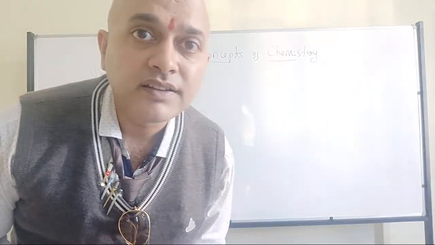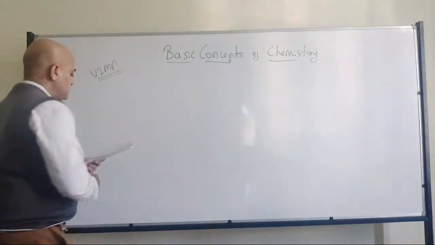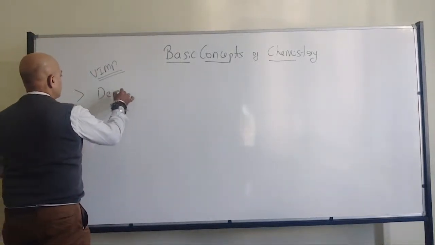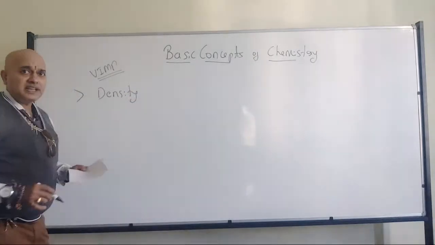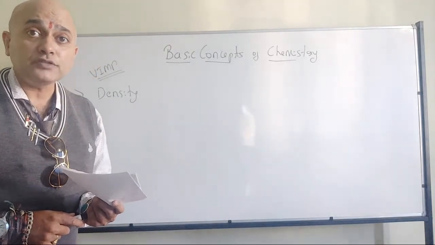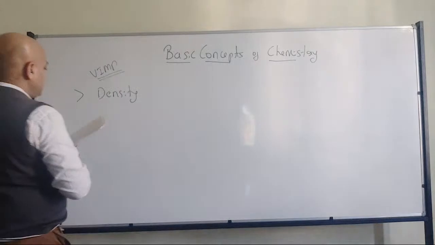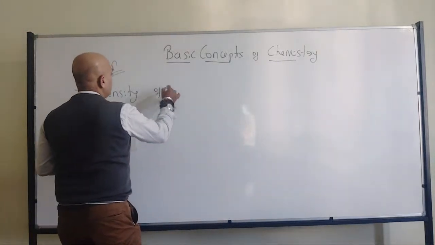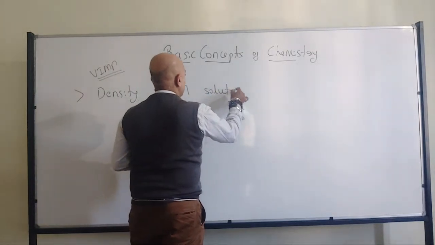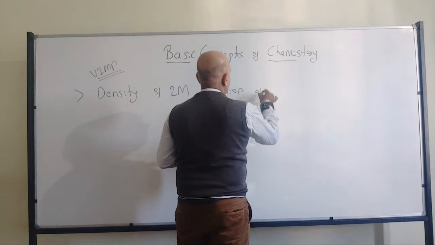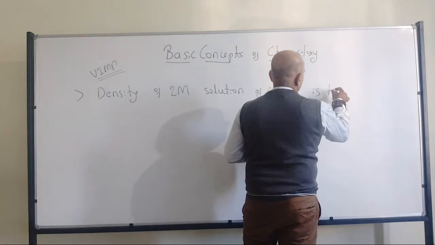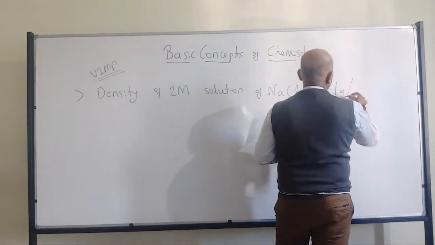Okay, so next, you can write it down. We have discussed density, right? And I told you that this information might be required to solve some of the problems. See here. The density of a 2 molar solution of NaCl, that is sodium chloride, is 1.1 grams per ml.